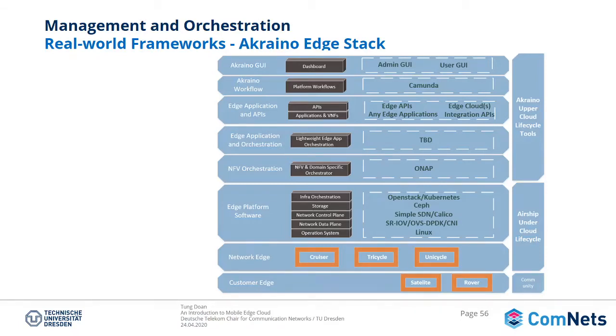This is a telco company. And when you look at the architecture of Akraino, you can see every layer that can help you to deploy the applications. First, the mobile devices or the user can interact with the framework through the graphical interface.